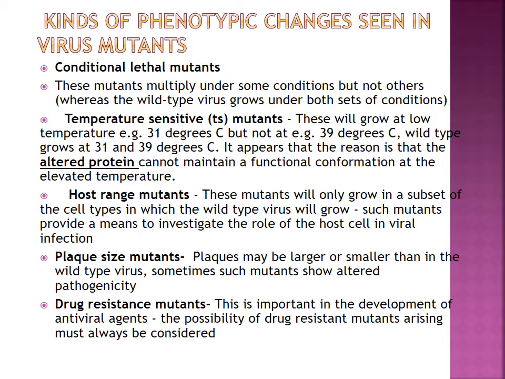For example, the temperature-sensitive mutants will grow at low temperature, for example 31 degrees centigrade, but not at 39 degrees centigrade, while the wild type can grow at both temperatures. It appears that the reason is an altered protein that cannot maintain its functional conformation at the elevated temperature.